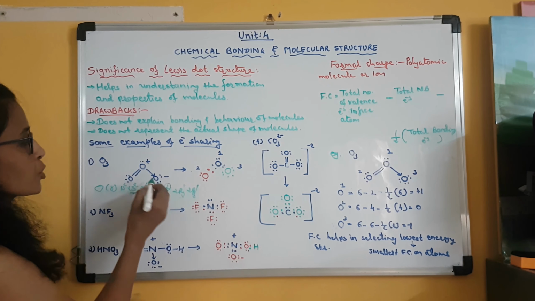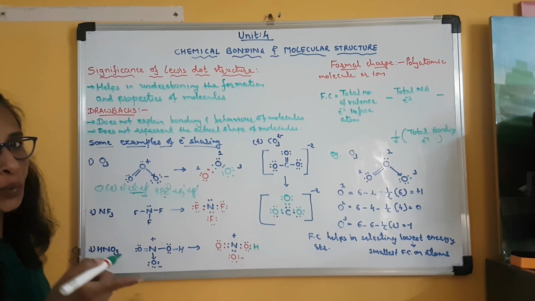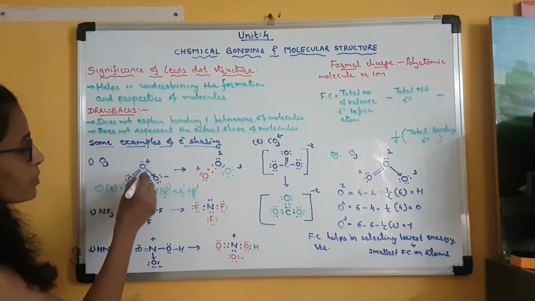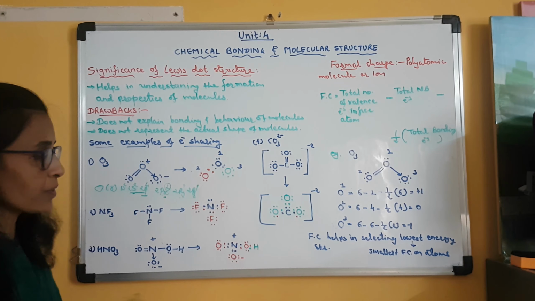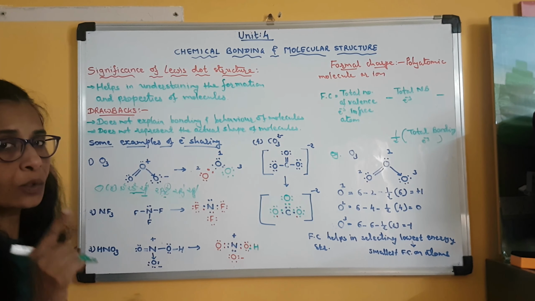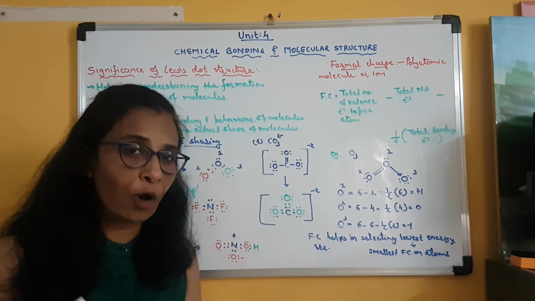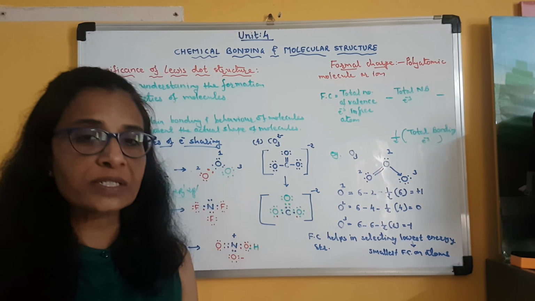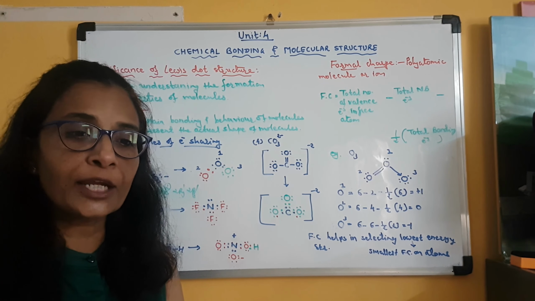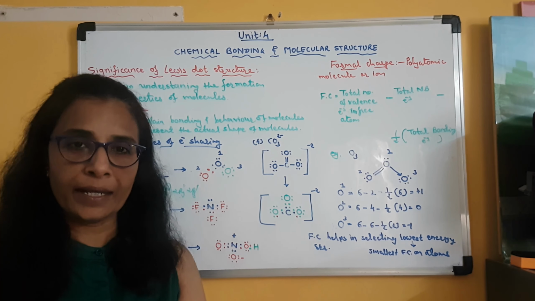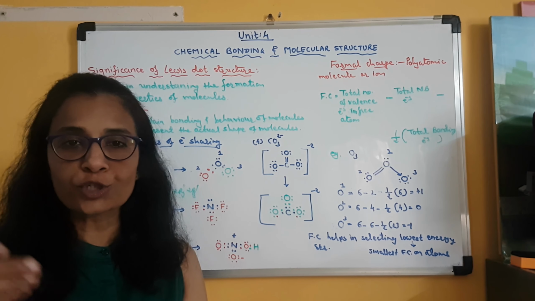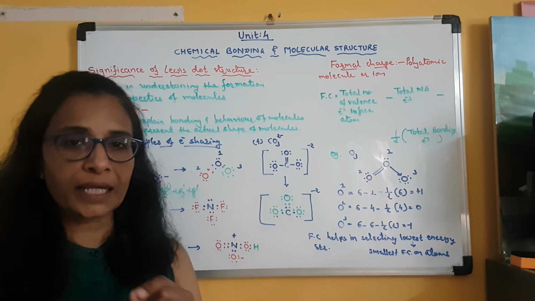Clear? And that is why a coordinate covalent bond is formed between the first and the third oxygen atom. I told you in the previous lecture that whenever a coordinate covalent bond is formed between two atoms, the shared electron pair is always donated by a single atom. There is no contribution of electrons by the second atom.